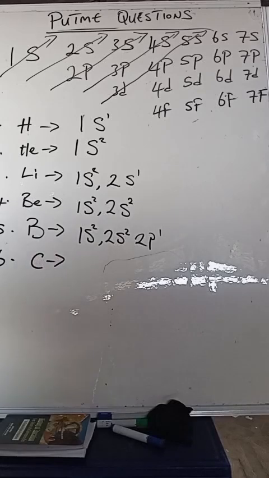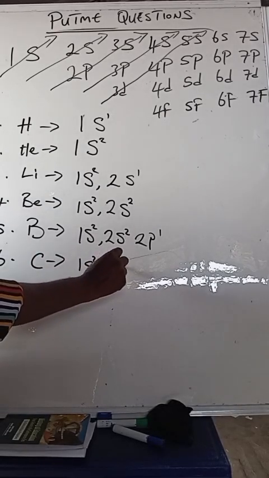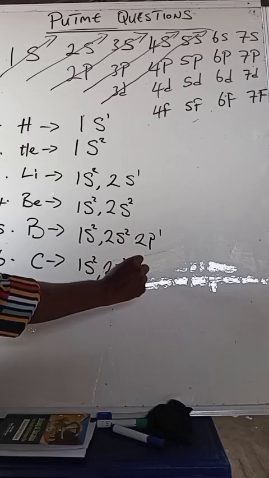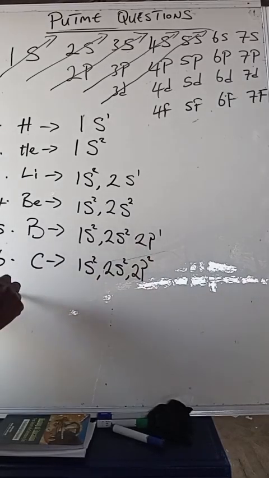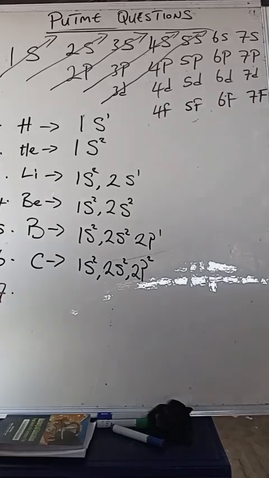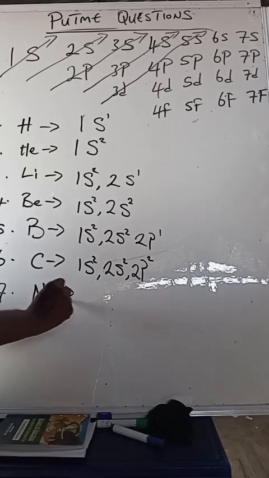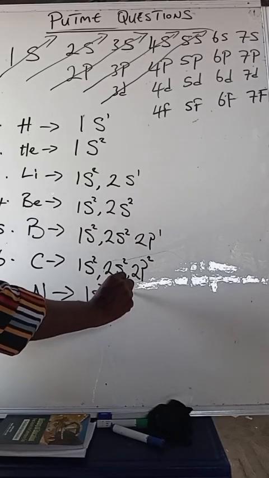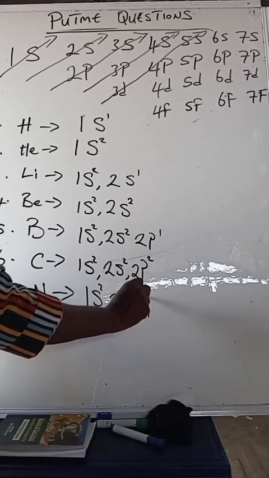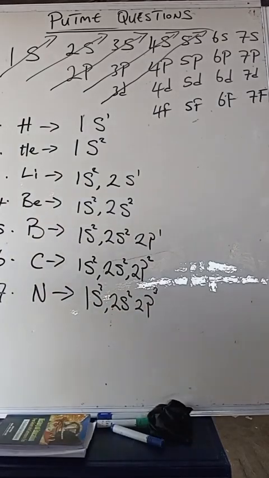The 6th element is carbon: 1s2 2s2 2p2. The next element is nitrogen: 1s2 2s2 2p3.